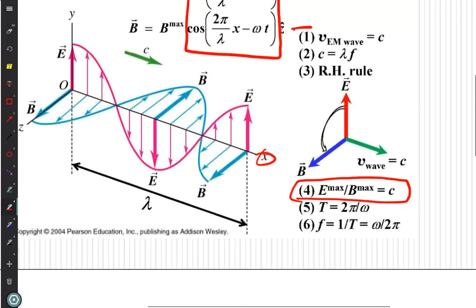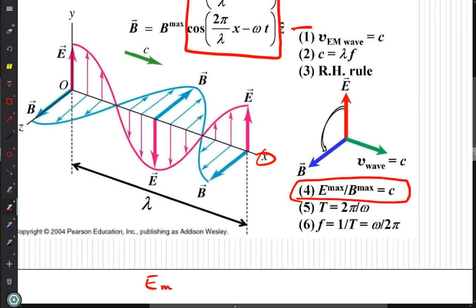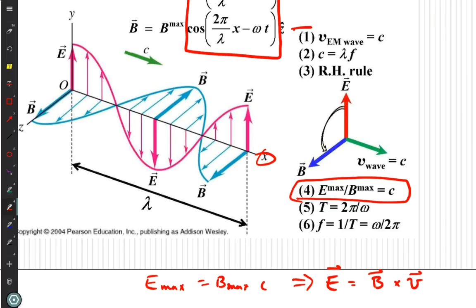But if I multiply across, that equation becomes E max equals B max C. And that leads to the correct equation that at any moment in time, the electric field is equal to the magnetic field crossed with the velocity. So if you look at the directions here, see the blue line for magnetic field, B cross V. The C is the symbol we use for the speed of light.